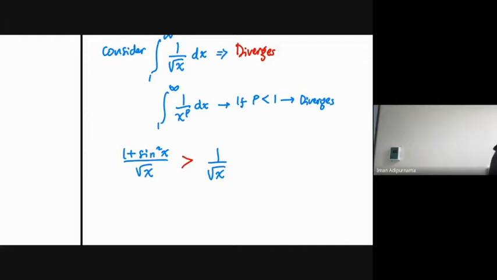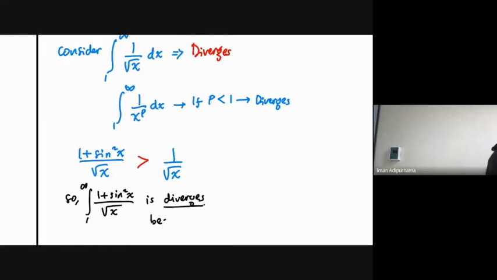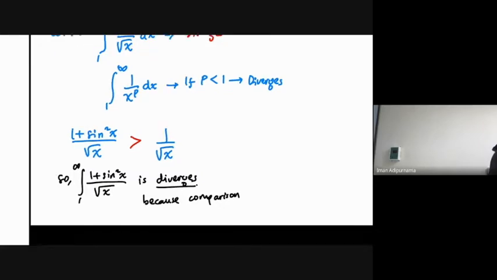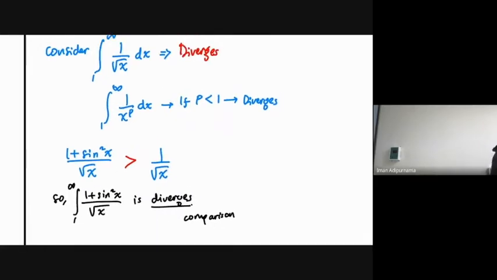So this diverges because of the comparison theorem.